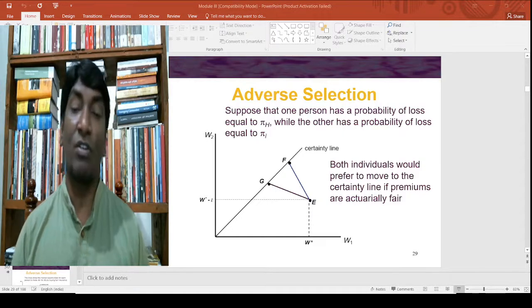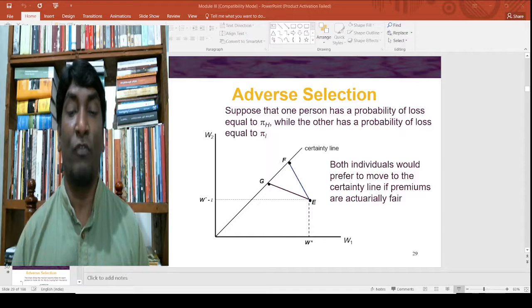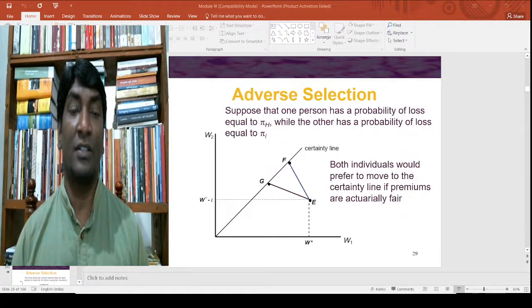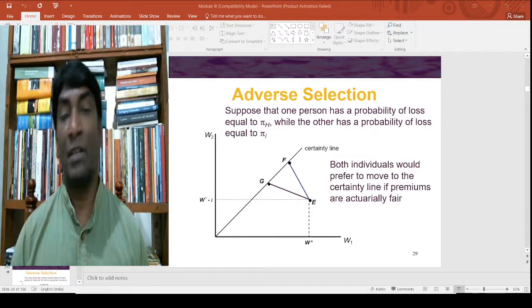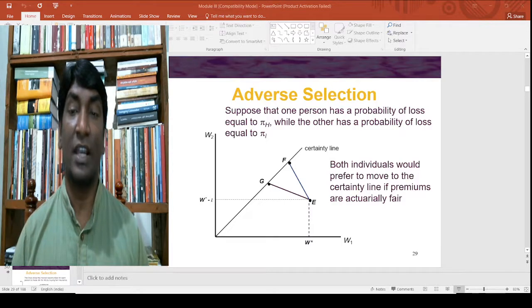Since EH does not accurately reflect the true probability of each buyer, they may not fully insure and may choose a point at EM. So point M is not an equilibrium point, because it is not on the certainty line.